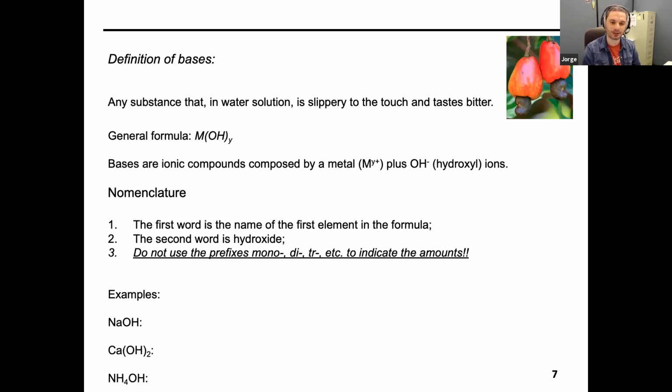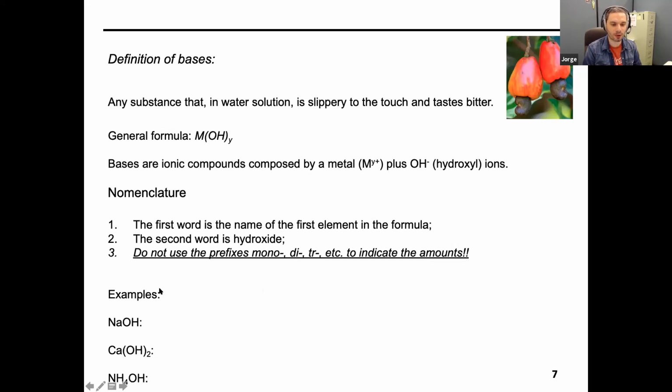First word is the name of the first element in the formula, and the second word is hydroxide. For bases, do not use the prefixes mono, di, tri, and etc. to indicate the amounts because this is an ionic compound.